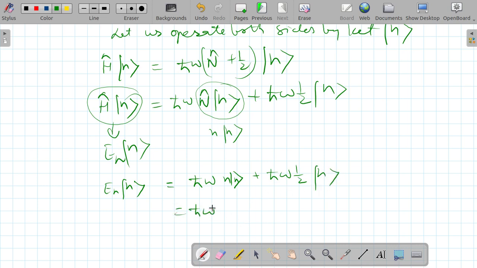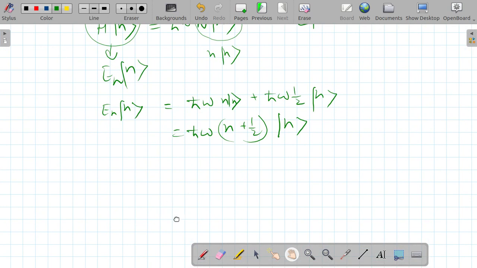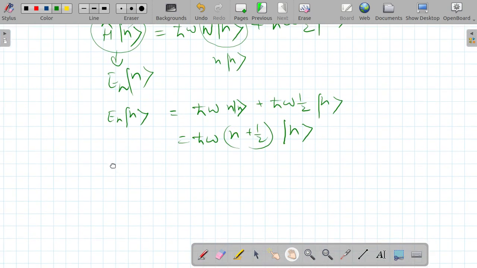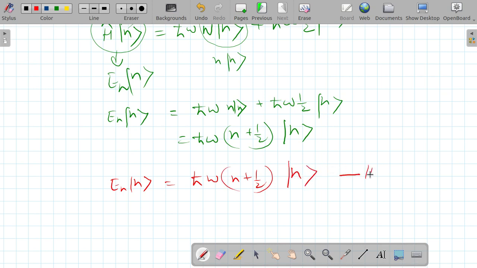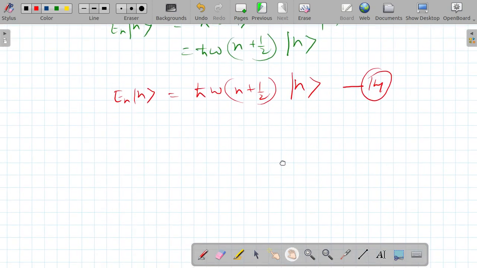So here h cross omega n plus 1 by 2 and ket n can be written here. So our equation will become this: E n ket n must be equal to h cross omega n plus 1 by 2 ket n, and let me call it as equation number 14.